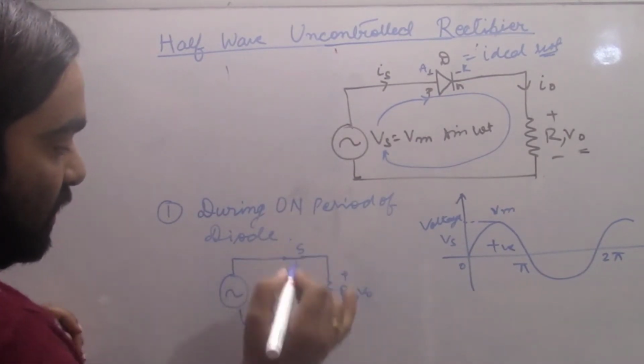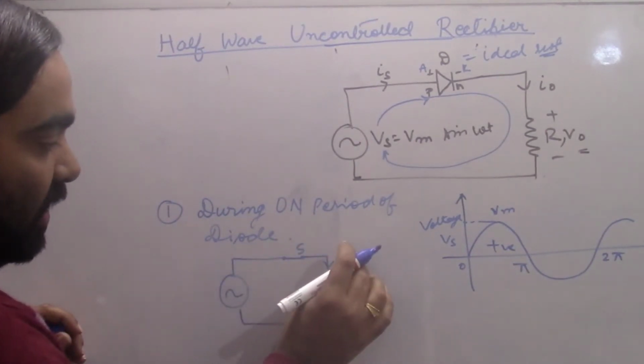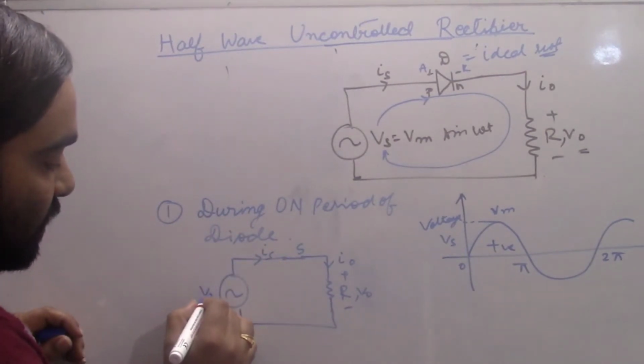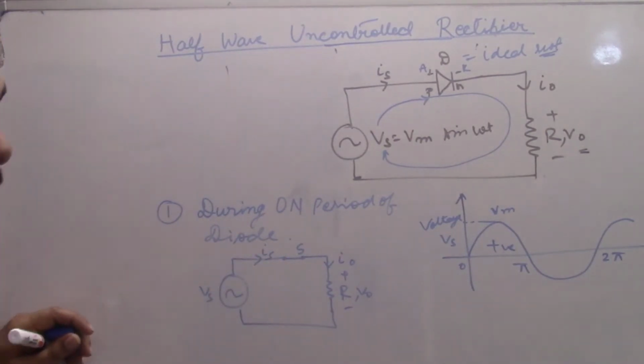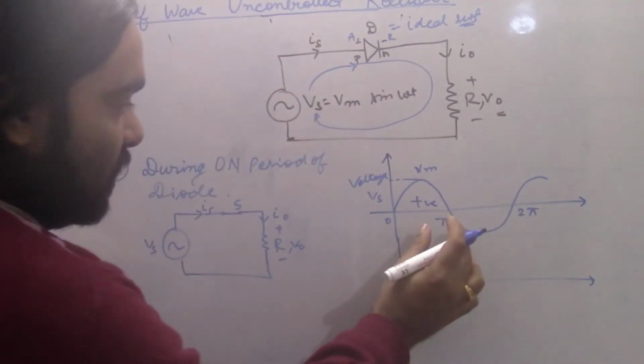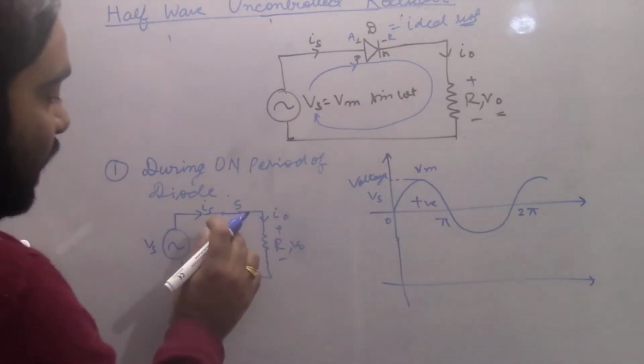The supply current is Is, the load current is I0, and we are supplying the voltage Vs. And for this, what waveform will we get? The waveform for 0 to pi, the positive half, the current will flow.